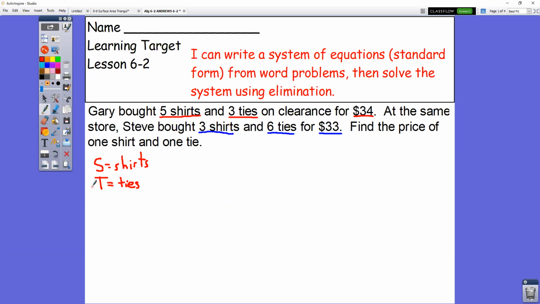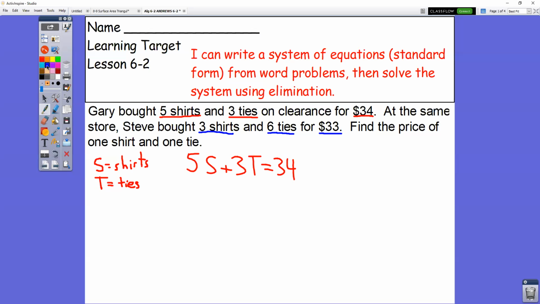So when we go to set up the equations, I think this is going to be easier for me to write on the board. It says that we have 5 shirts and 3 ties. So we're going to have 5S plus 3T, and they're selling for $34. So that's going to be your first equation that you have.